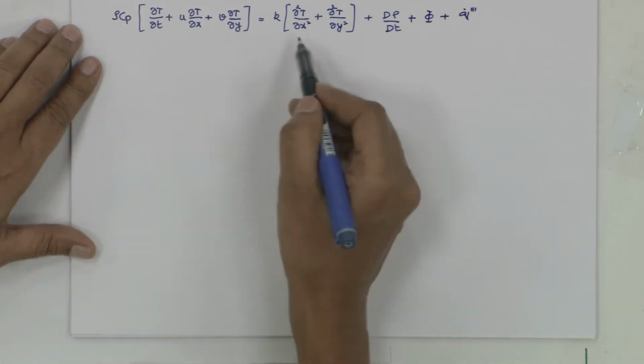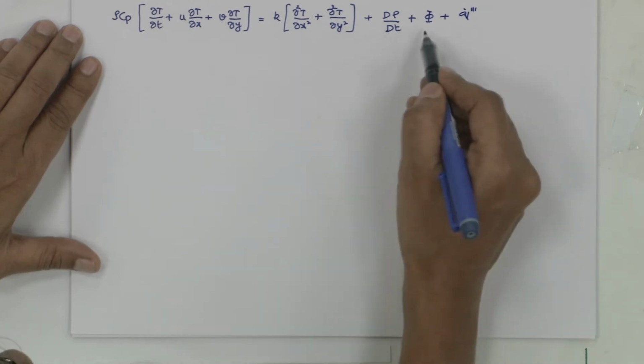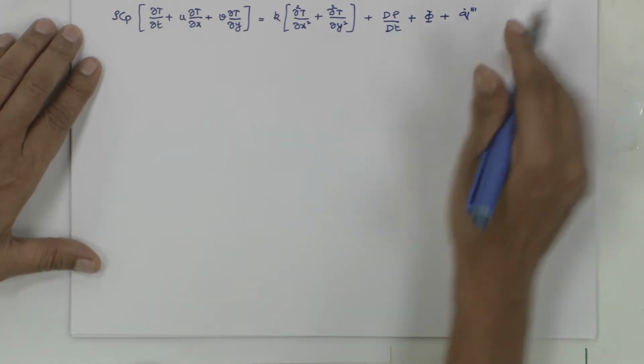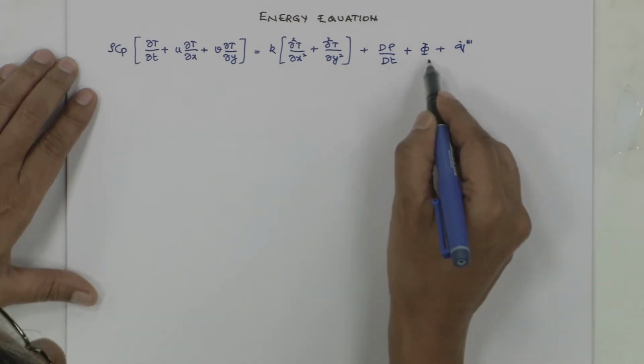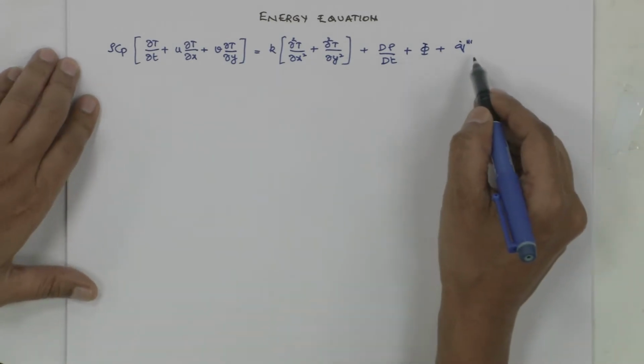So this is my convective term, this is my conduction term, pressure work, viscous dissipation, that is the work done by the viscous forces, and this is the volumetric generation.